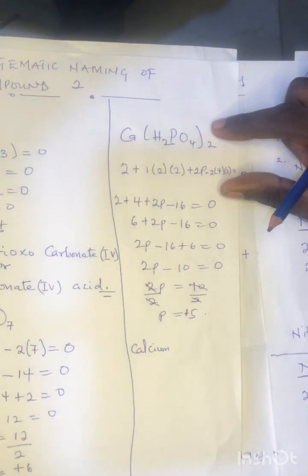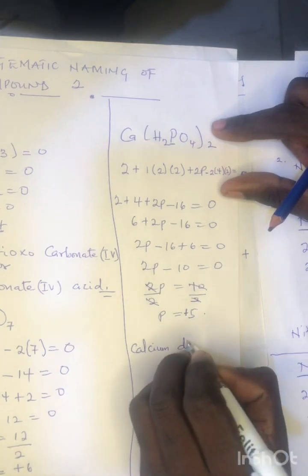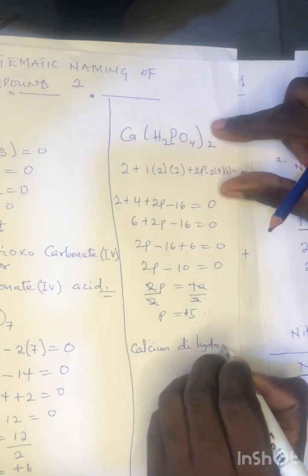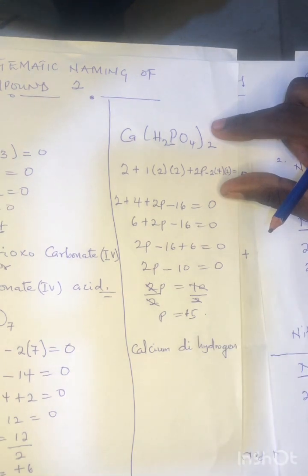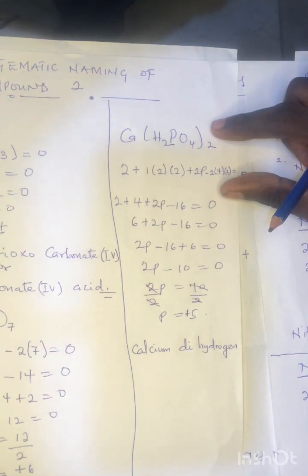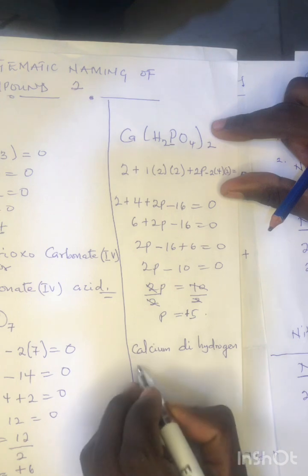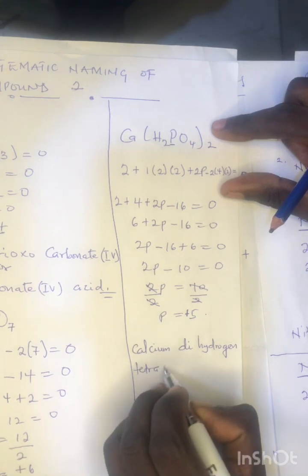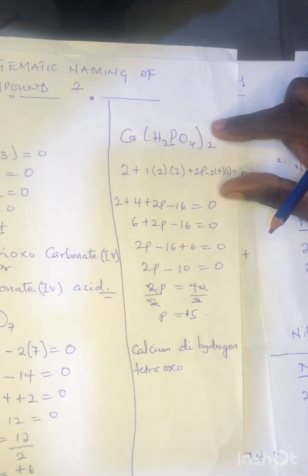Good. Now when we go inside the bracket, you see that hydrogen is there, but hydrogen is having a molecule of 2. So like the first one we did, because it's having a molecule of 2, we say dihydrogen. So calcium dihydrogen. Then we start by saying tetraoxo.